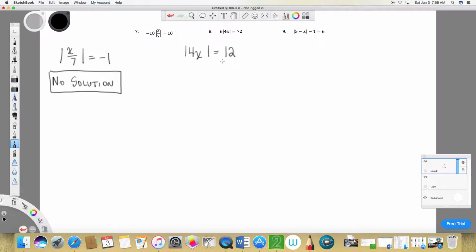Now this splits into two equations, that 4x equals -12 or 4x equals +12. Divide both sides for each of these equations by 4, and we get -3 and +3.